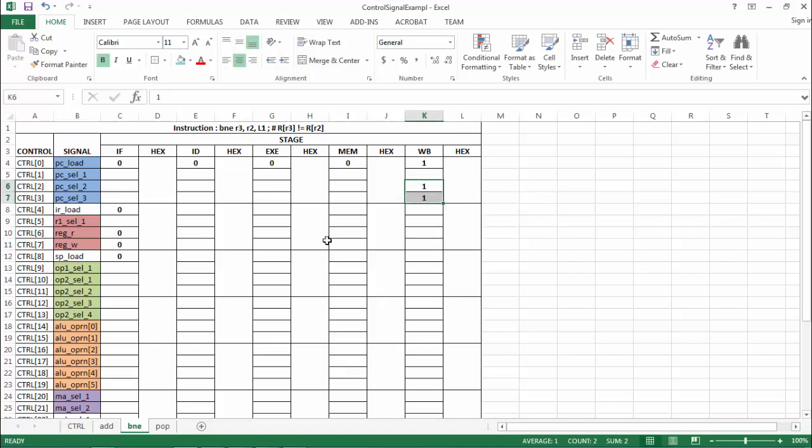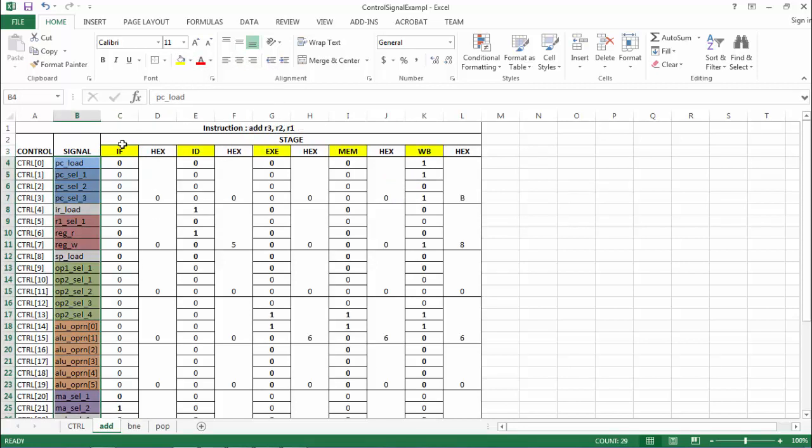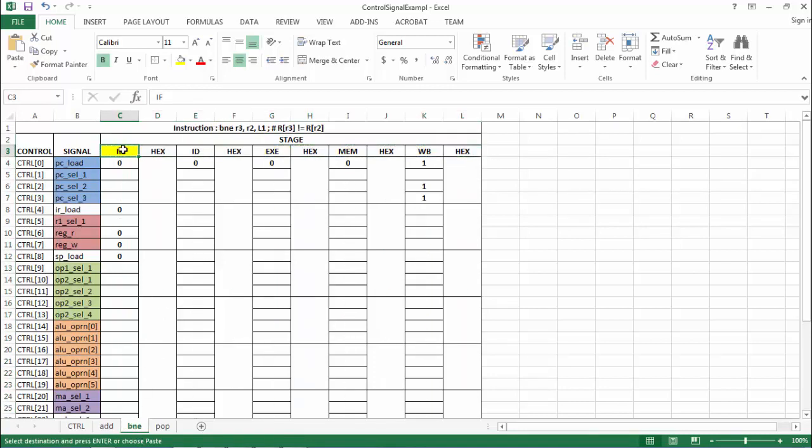Okay, so this becomes pretty much this group of signals configuration during the different stages. Let me just highlight them. Why don't I just copy it from here, this header, Control C, Control V. Now how about the instruction load?